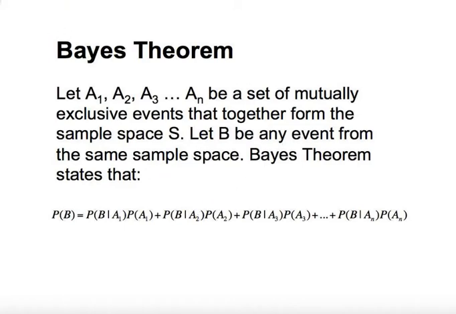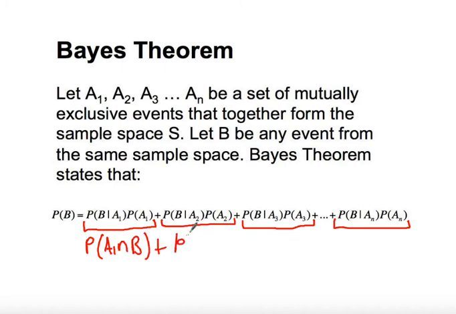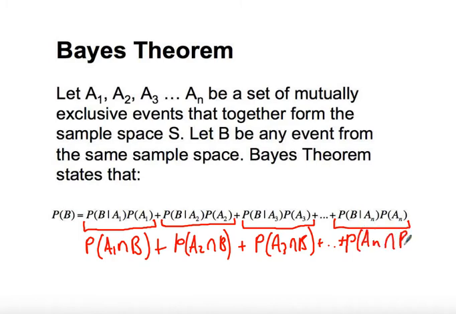Now essentially, and just explain this to yourself, each one of these parts of our theorem that we are summing together is like the end probability on our tree diagram, because this represents the probability of A1 intersect B, and so we get the probability of A2 intersect B, the probability of A3 intersect B, and so on, plus the probability of An intersect B. So this is exactly what we've done if we go back to our previous example.